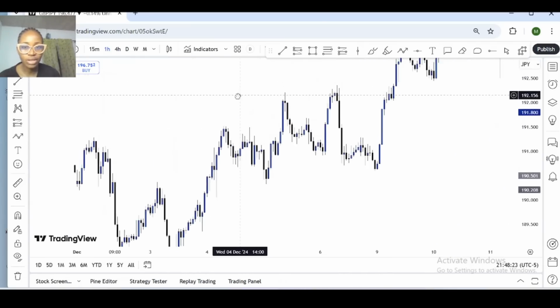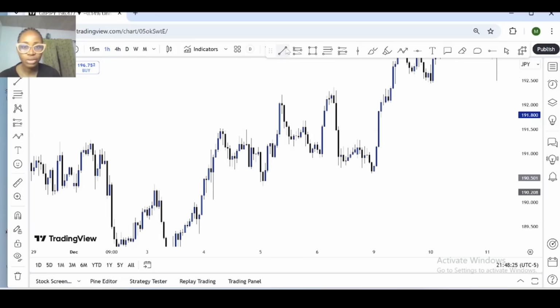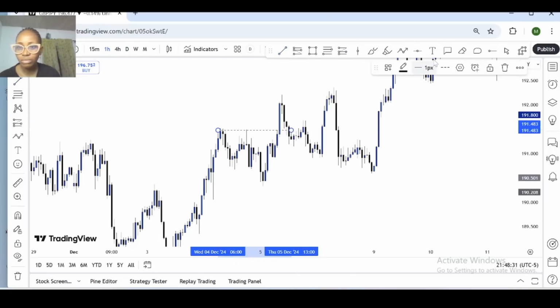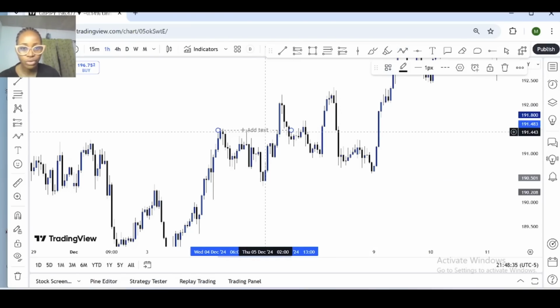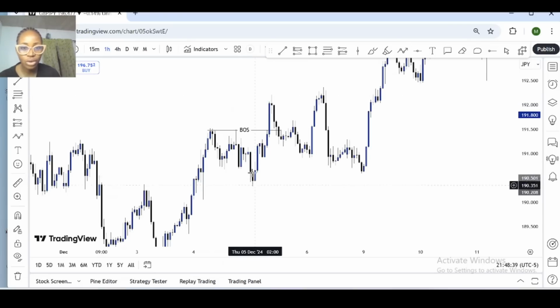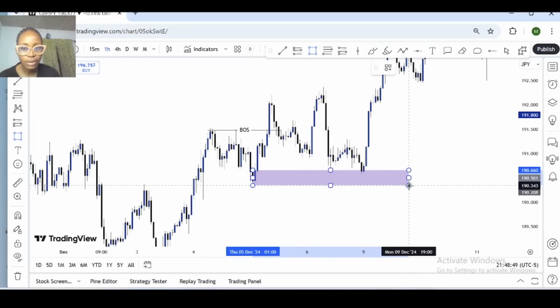Right, so you can see here at this point there is a break of structure. We have a break of structure here, and the next thing I want to see is the origin that caused the break of structure. This demand zone here is going to be my point of interest. Right, so I'll map this last candle to the downside out.